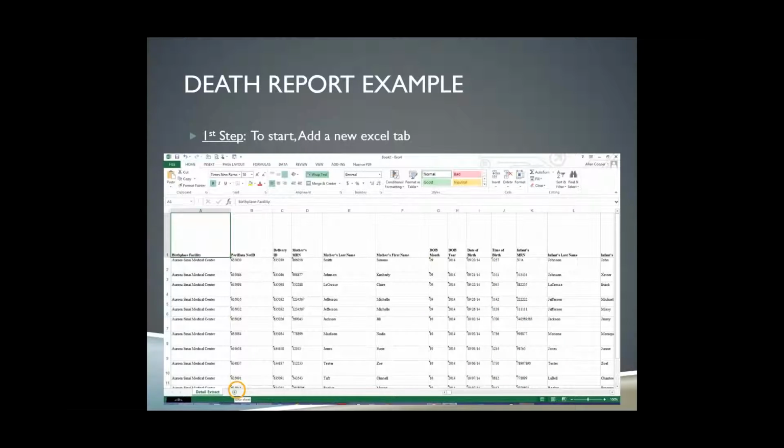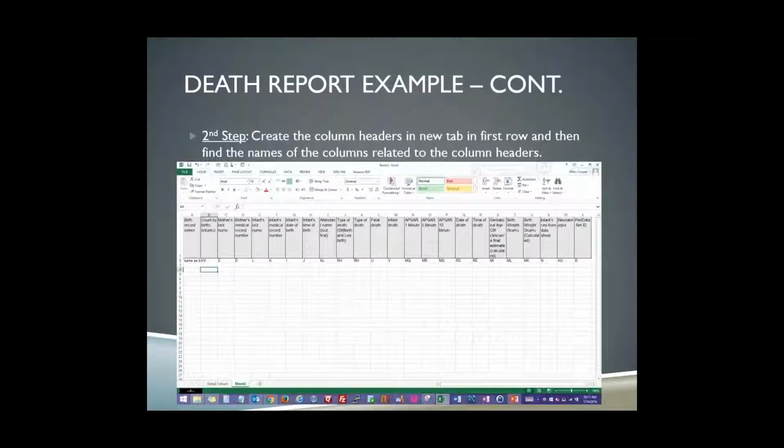That will allow you to begin storing what we call your template for the columns you care about. In this particular depth report, we have roughly 20 or so columns that we care about.